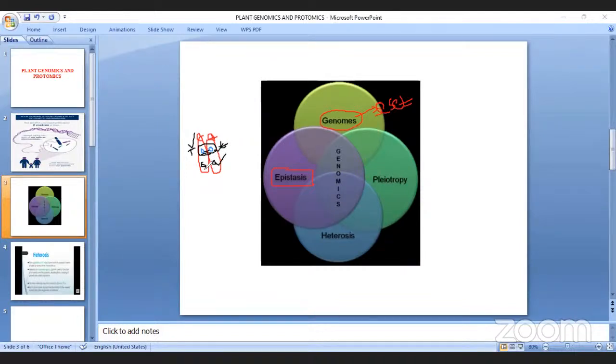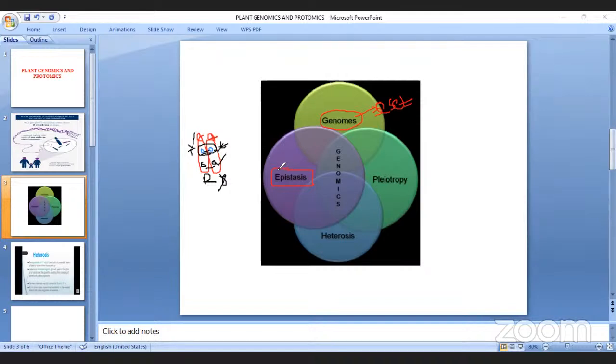And here also, for example, in black color, this one is red color and this one is yellow color. Which character is obtained? Red color, because it is dominant. But now the interaction of non-allelics.